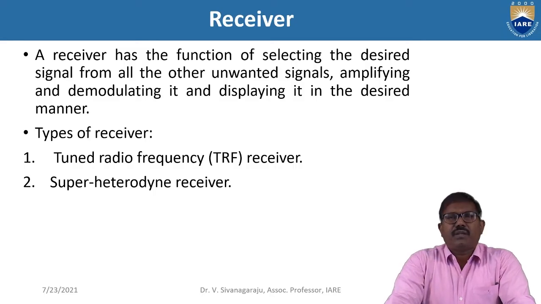Before going to the types of receivers, first, what is a receiver? In a communication system there are three main blocks. The first one is the transmitter, the second one is the channel, and the third one is the receiver. The transmitter transmits the signals to the channel, and the receiver receives the signal from the channel.